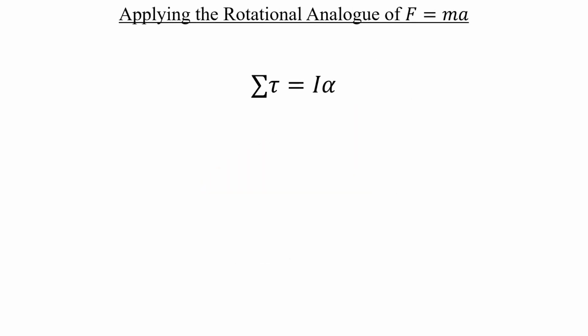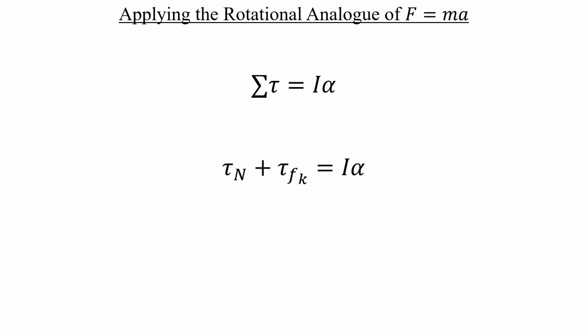We saw in the first video of this chapter that an applied force on a rotating object can be broken up into a normal force component and a frictional force component. These two forces have their own torque contributions, which are summed on the left-hand side of this expression.